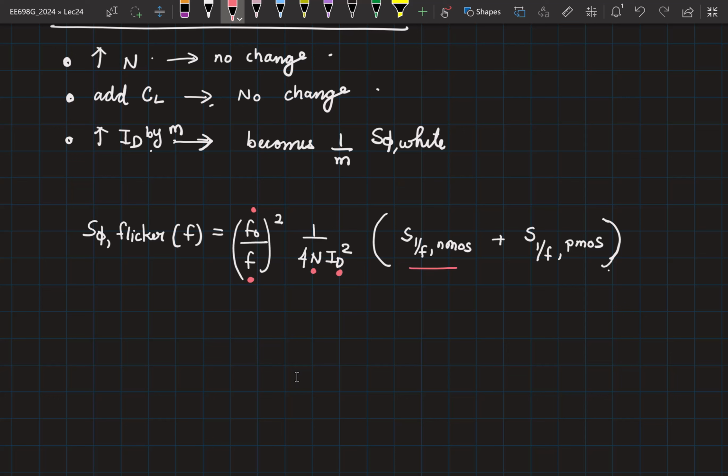S 1 by F of NMOS is the two-sided PSD of the flicker noise current. Okay, so let us look at what that expression comes out to be.